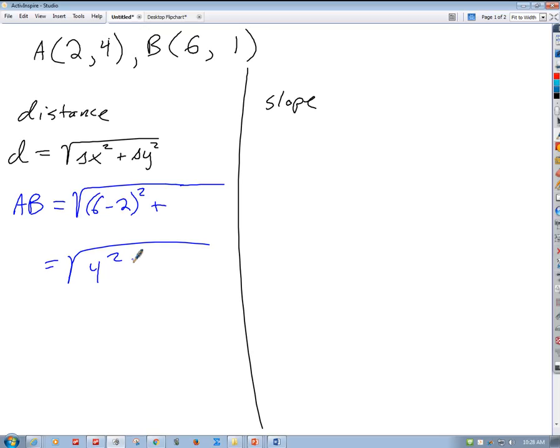What about the delta y? 3. Okay, we got 3, didn't we? And the reason we were able to do that, technically the answer is negative 3, right? But we always said, let's just take the bigger one minus the smaller one so we could make it positive. But there's something going on there I want you to be aware of. Technically, it's 1 minus 4, which is negative 3.